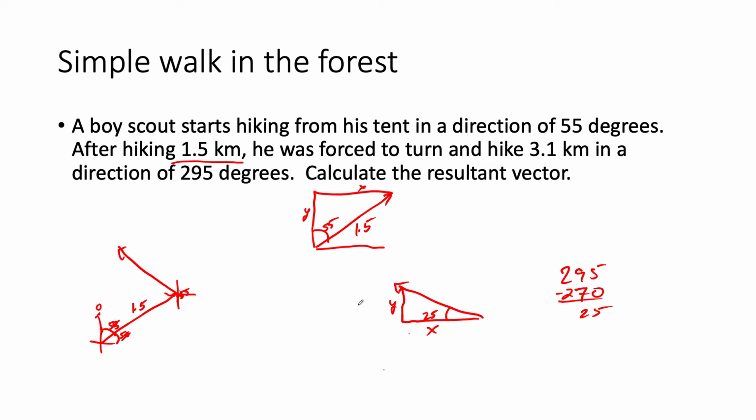Now let's go ahead and calculate the resultant vector. So we're going to do this in parts. The first part, you're given a direction, and it's 55 degrees. So from 0, I'm going to draw the x component and the y component. This is 1.5.